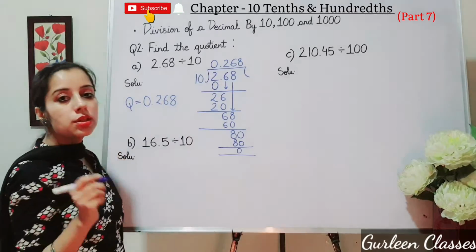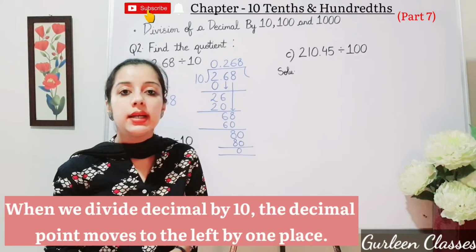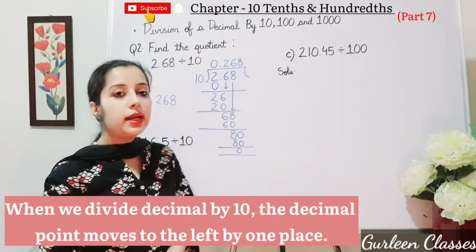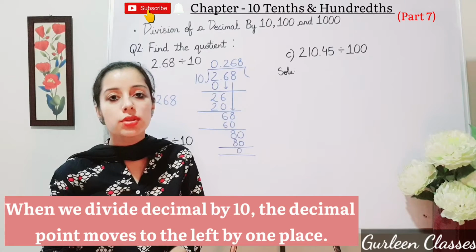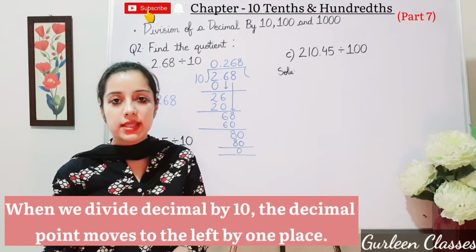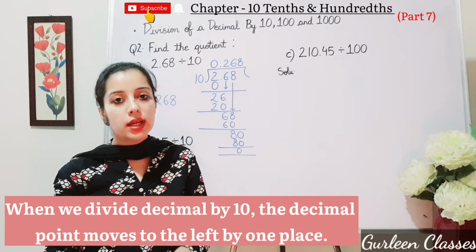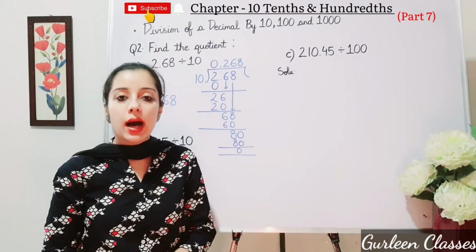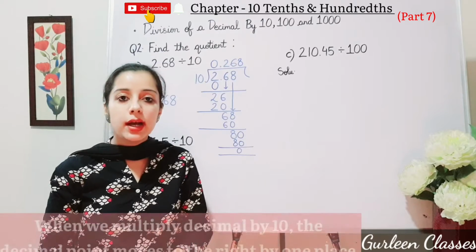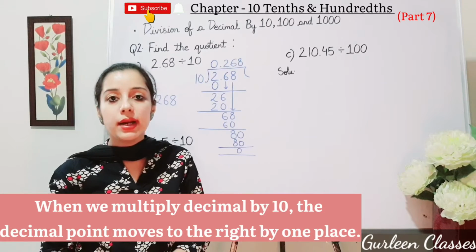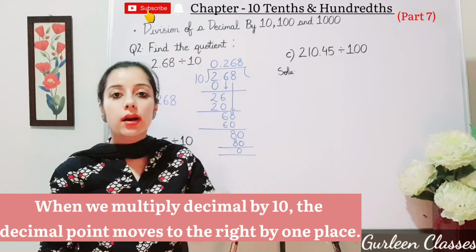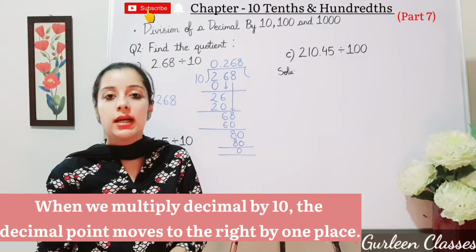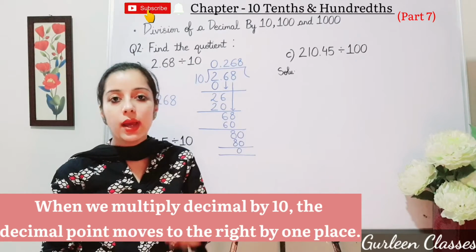0.268. So students, when we divide a decimal by 10, the decimal point moves to the left by 1 place. In case of multiplication, I hope you all remember when a decimal number is multiplied by 10, the decimal point moves to the right by 1 place.